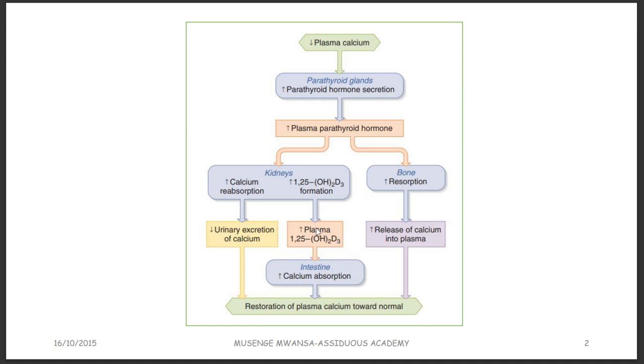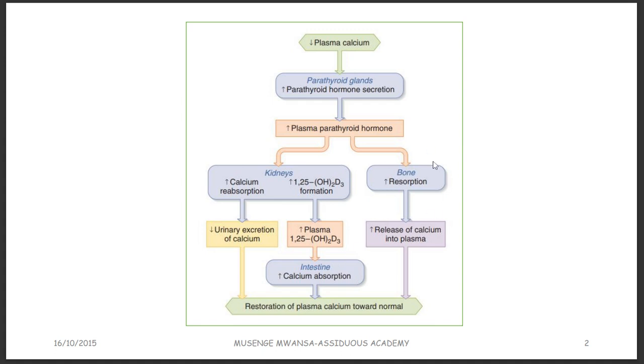The 1,25, which is also known as calcitriol, is the active form of vitamin D. What this is going to do is go and stimulate the small intestines to absorb, actually not reabsorb: if you've eaten food, any calcium in that food is going to be absorbed. Reabsorption is happening in the kidney, but in the intestines, it is absorption. So again, we have increased calcium in the blood.